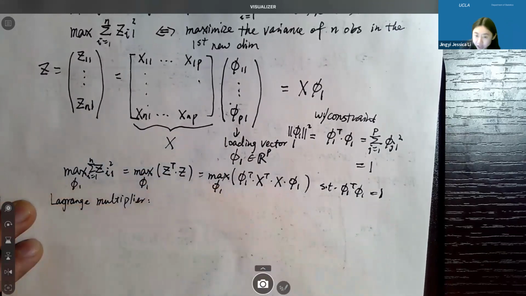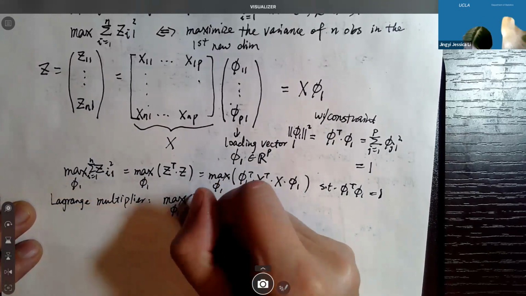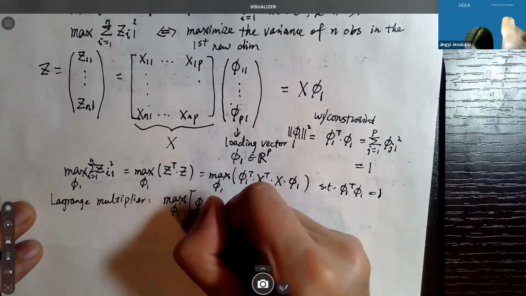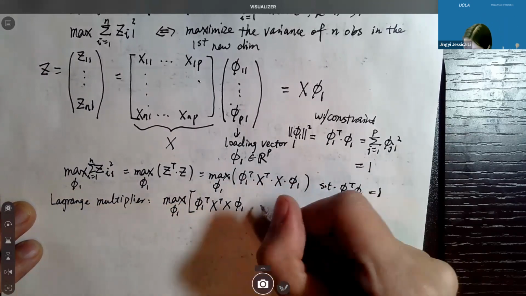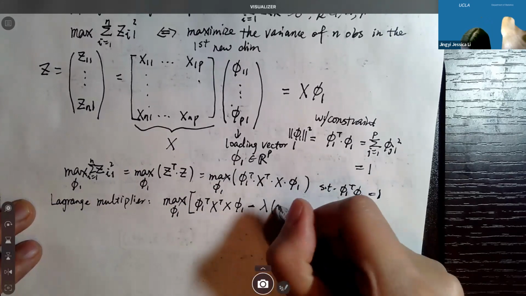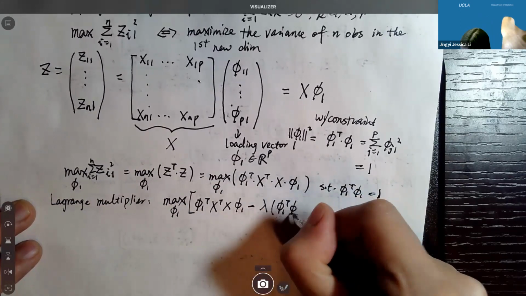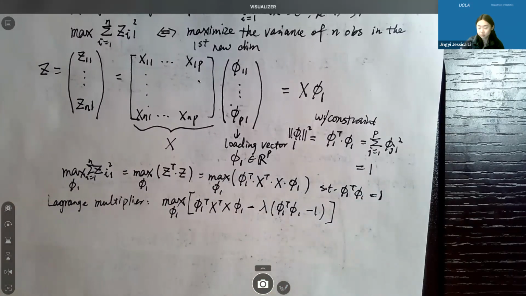We change this maximization problem to minus some constant lambda that we introduce here, and then we add this. The reason we can do it is that if this constraint holds, then the second term will be 0, so it would not affect the result.